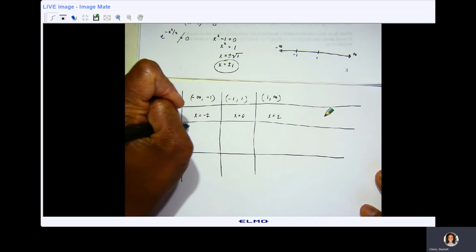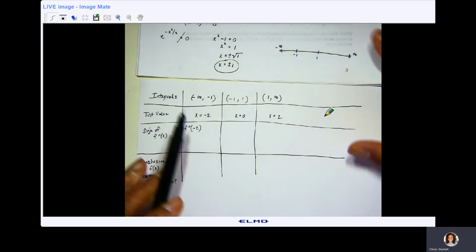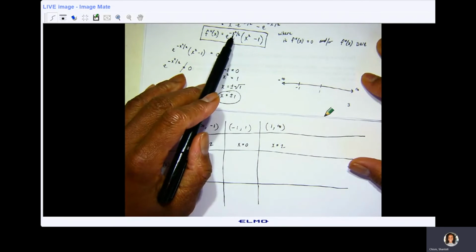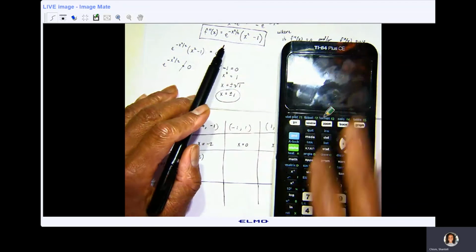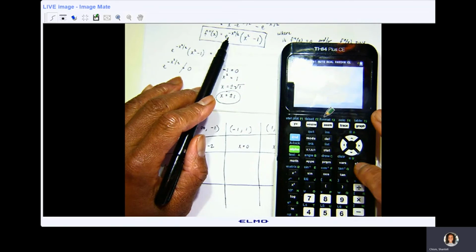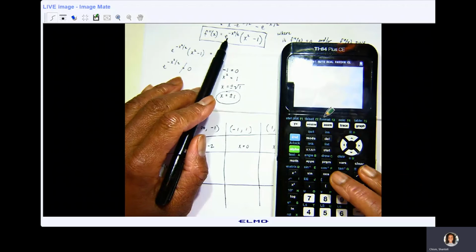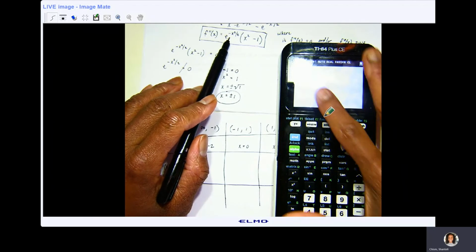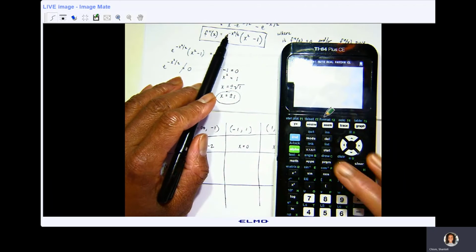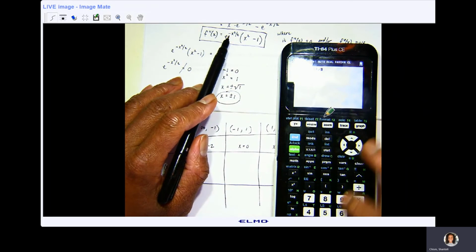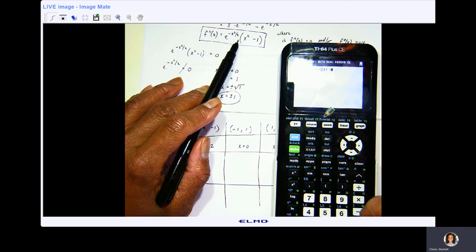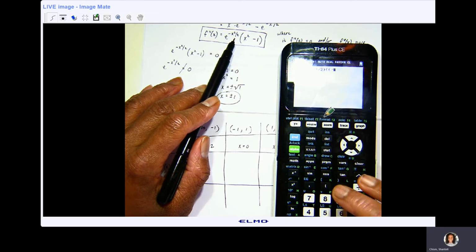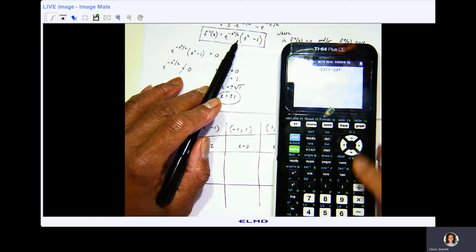So f double prime at -2: I will be plugging in -2 wherever I see x here, and I should get a positive. Let's look at that. So e to the negative, the sign is negative already, and then I've got -2 squared over 2. I'm going to close that off, and then -2 squared, which is 4, and then minus 1.